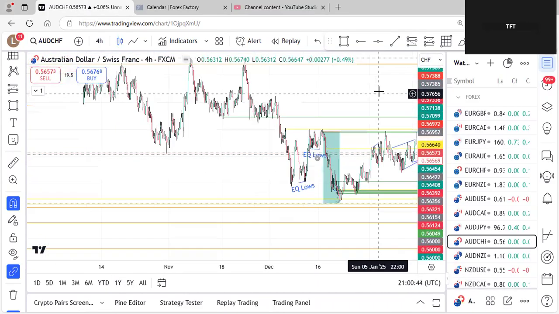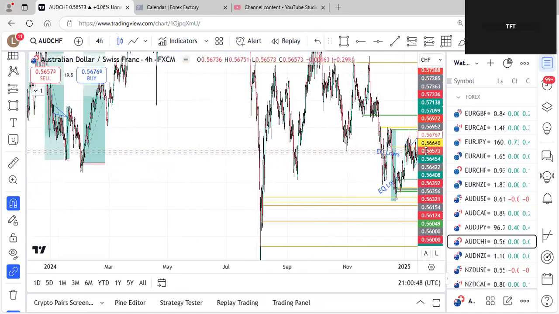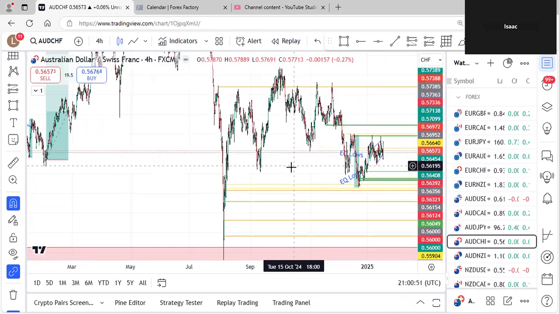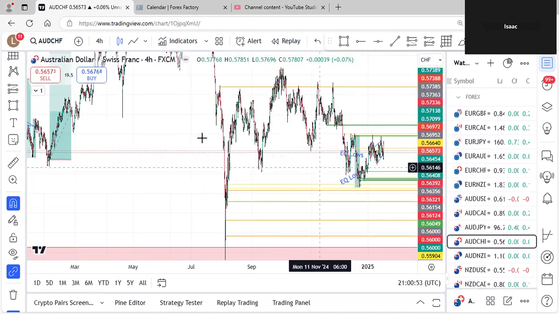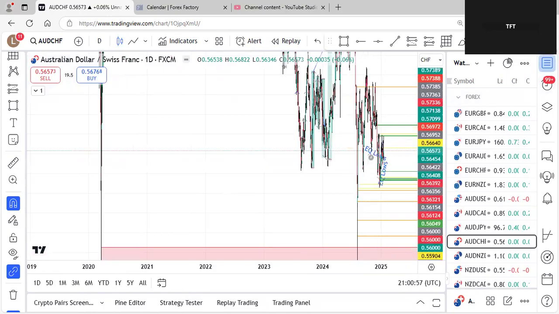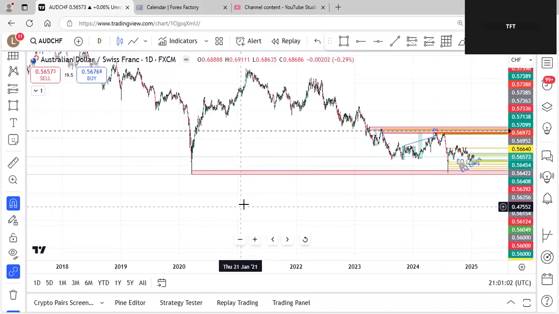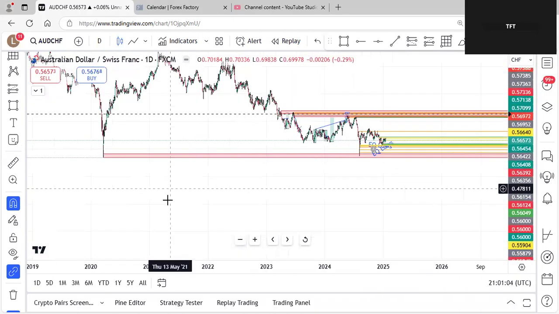I think I would try and sell it the other week, but that doesn't mean anything. We have again heavily bearish overall.